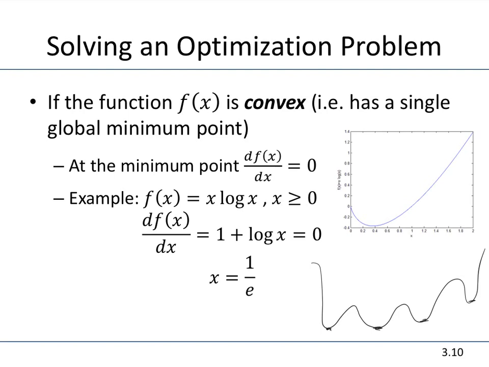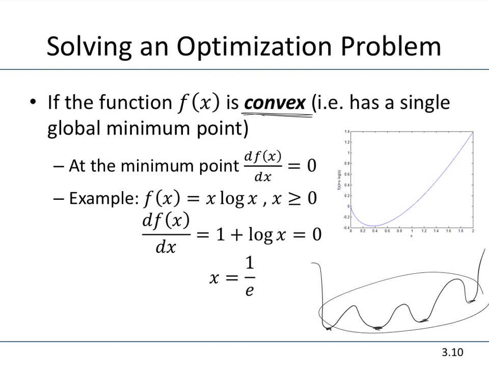In more than 95% of the cases, you have to first of all prove that your function is convex. So what is convex? Convex here means that the function you're trying to maximize or minimize has one minimum or one maximum, which means that something like this is not there.